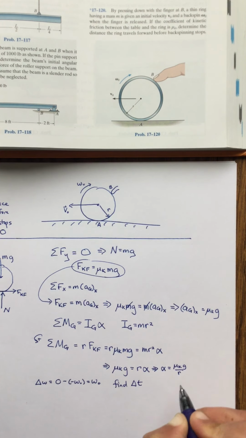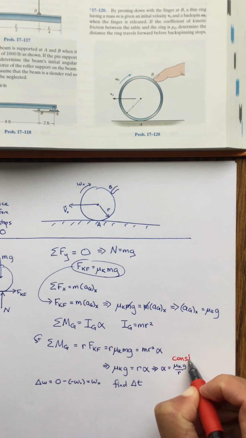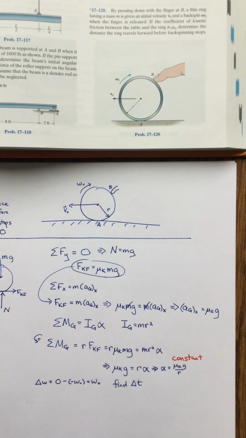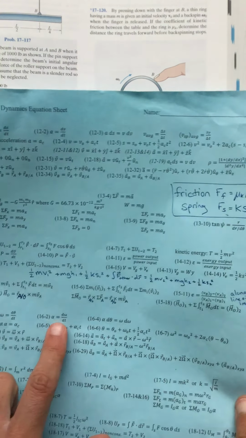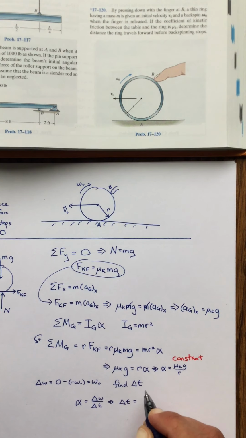delta t, and because this angular acceleration is constant, I can say by equation 16.2, my angular acceleration is equal to the change in angular velocity over the change in time. So the change in time is equal to the change in angular velocity divided by the angular acceleration.